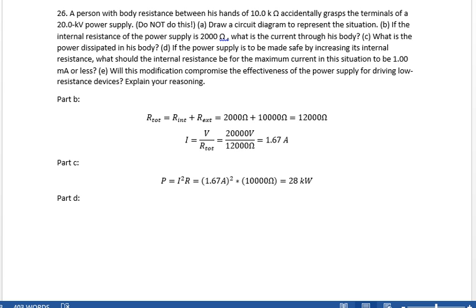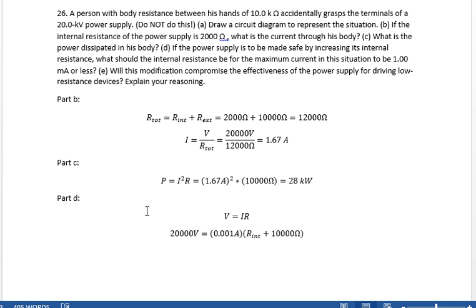All right, part D. The power supply is made safe by increasing the internal resistance. What should the internal resistance be for the maximum current in this situation to be 1 milliamp? So again, we're looking at V equals IR, but with 20,000 volts, we want I to be limited to 1 milliamp, or 0.001 amps, times R internal plus, and we're still looking at 10,000 ohms on the person.